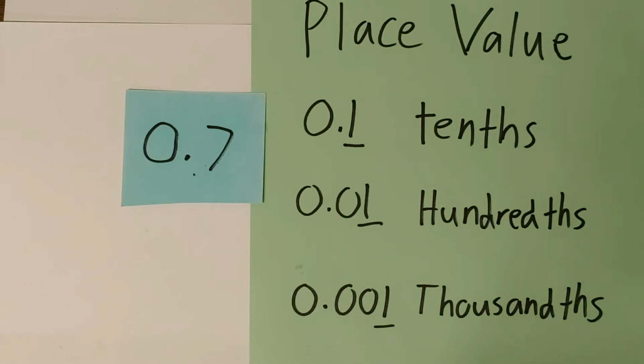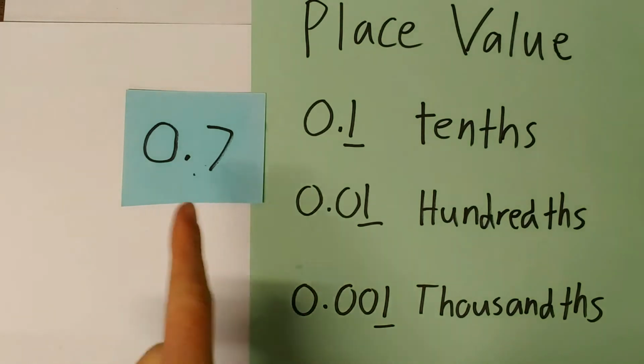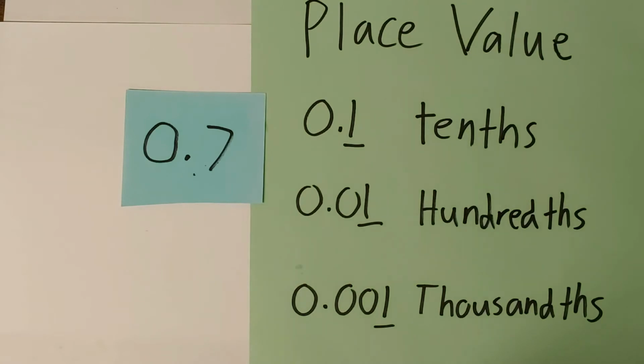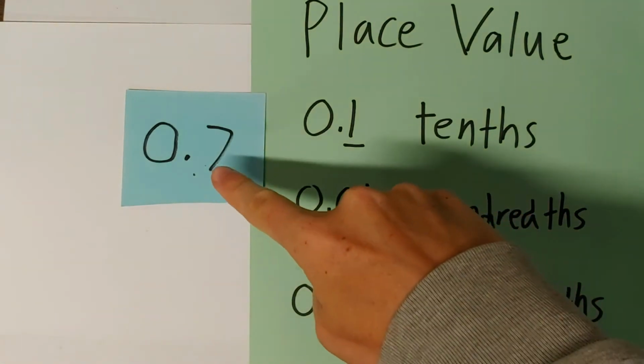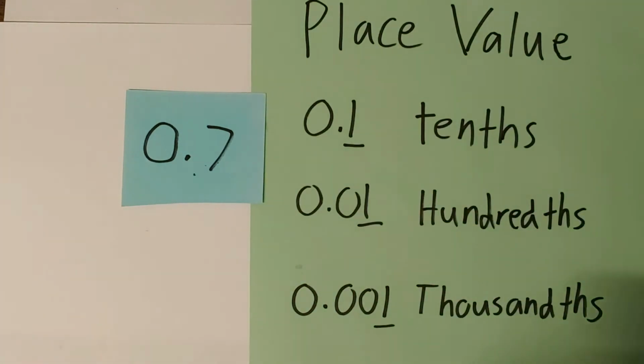And you may be correct, and that is how a lot of people describe numbers, but for the purpose of this video and how we're going to be writing our fractions, we want to refer to this in a different way. It goes back to our place value chart. Instead of calling this 0.7, we're going to call it 7 tenths, because there are 7 digits in the tenths place value.